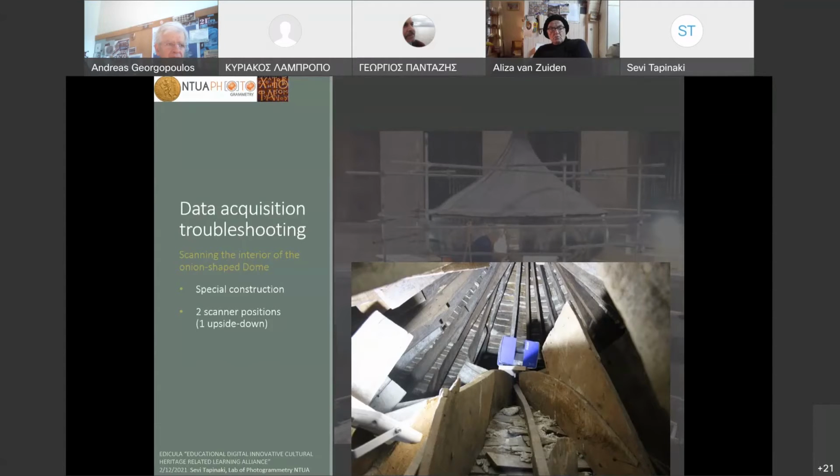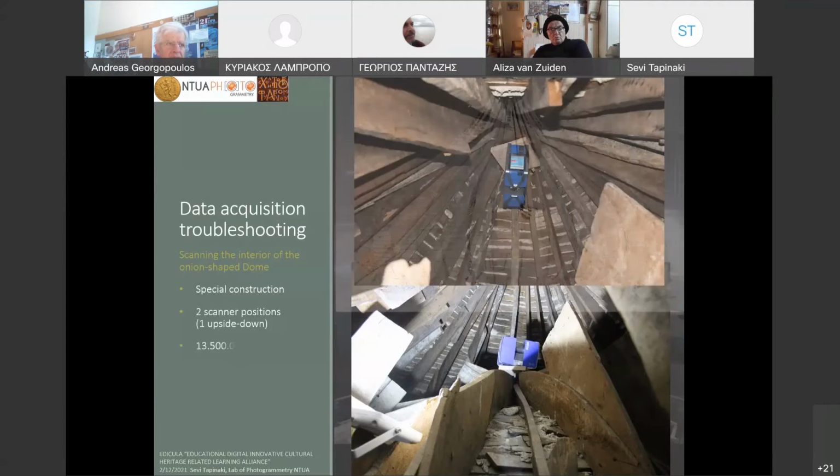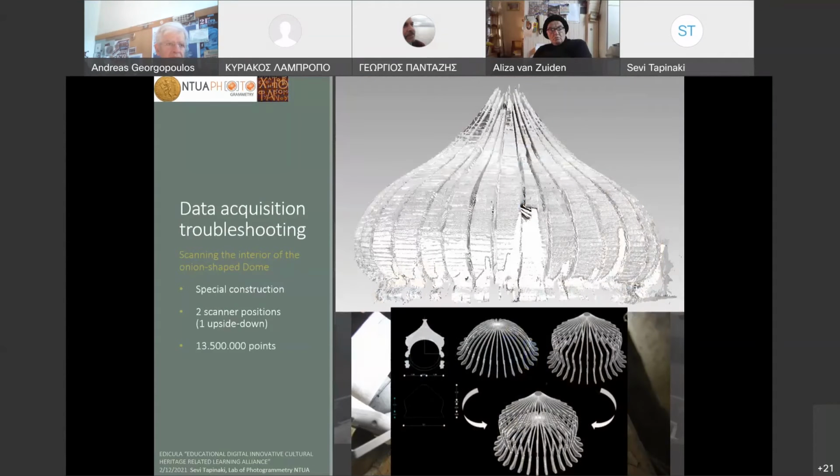So we needed another scan, and we had to fix the scanner on the top of the dome for an upside-down scan. This point cloud was used later for the 3D reconstruction of the internal wooden structure of the dome.